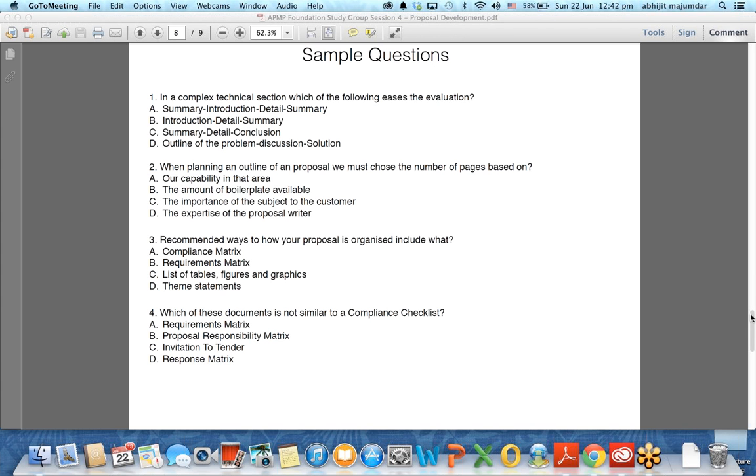Okay. Should the advantages, differentiators, and value adds be put together at one place, or should they be attached with their respective storyboards? They should be attached with their respective storyboards. If you are writing a section, that section should address the advantages, differentiators, and value adds for that particular section.